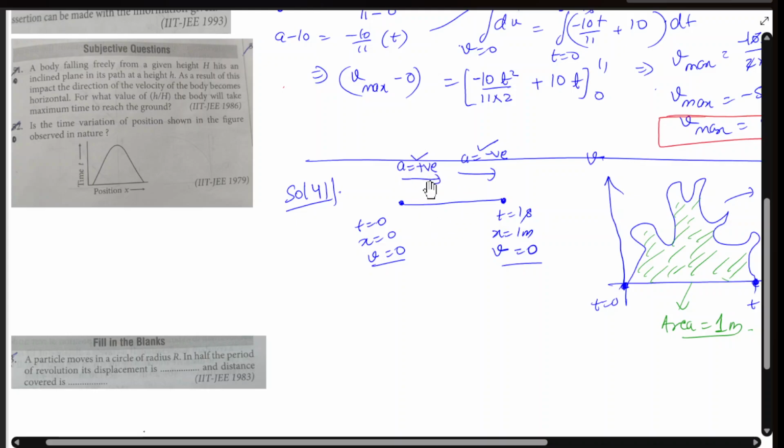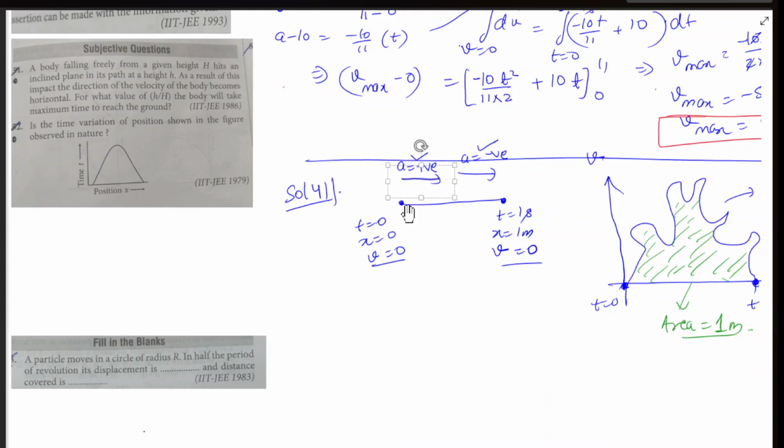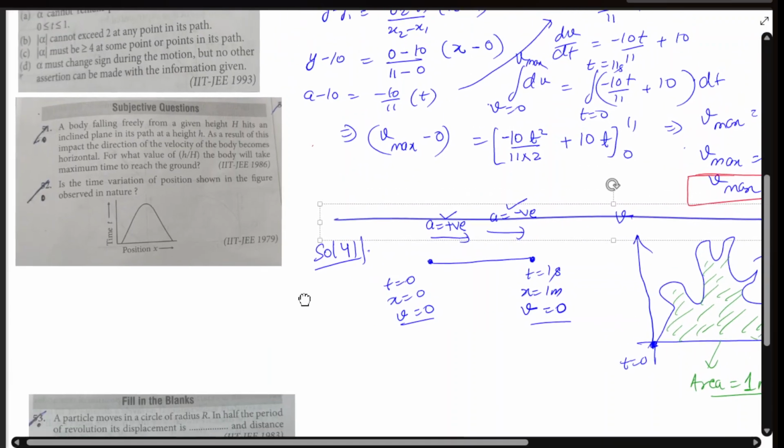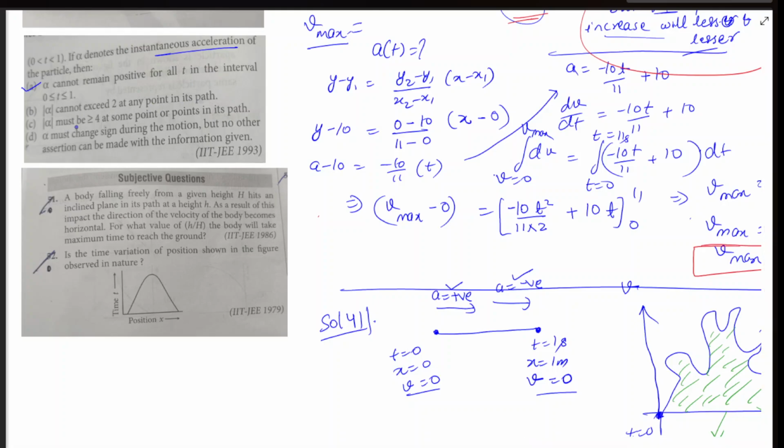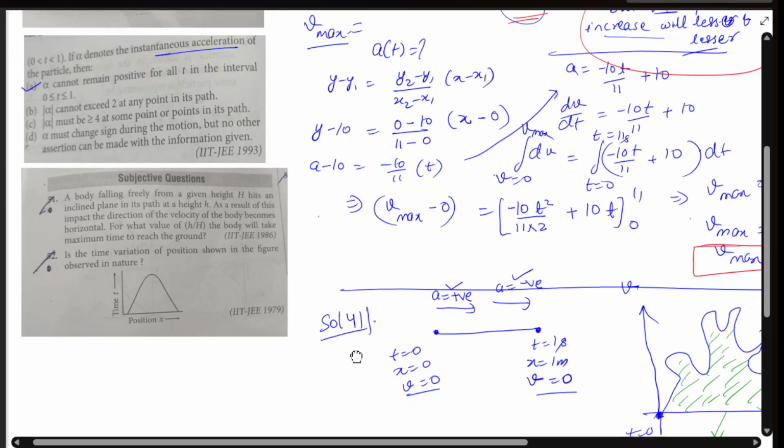If the particle has moved and it is starting from 0, then it must have acceleration so that it achieves a velocity, and then it should stop at x equal to 1. So it must have negative acceleration. So option A is correct. Now next, alpha cannot exceed 2 at any point. Alpha must be greater than or equal to 4. Okay, let's study this point.